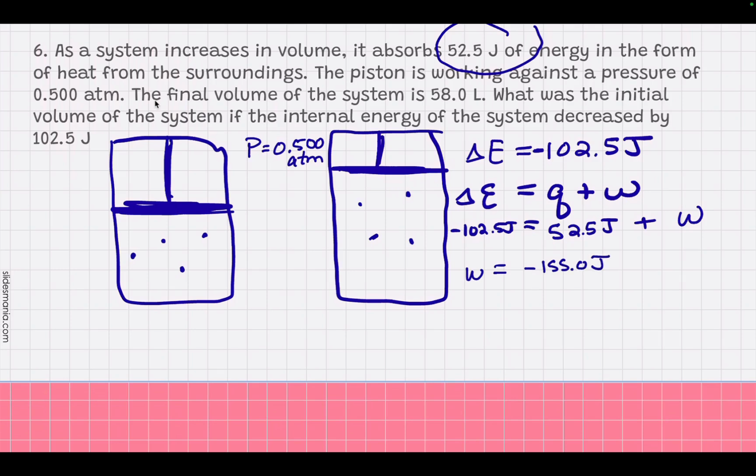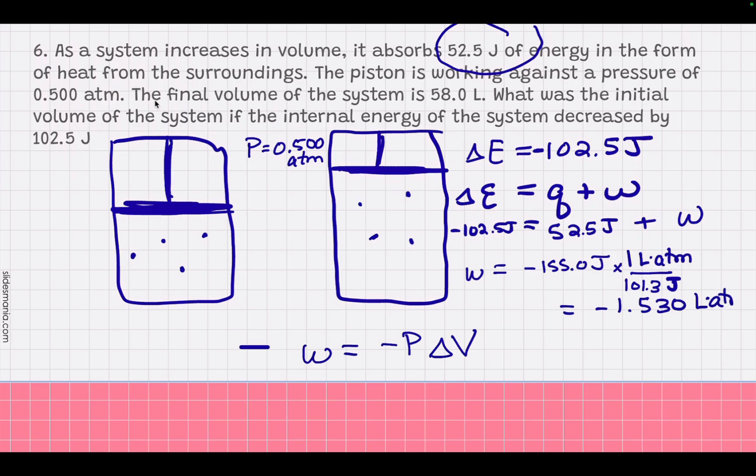I'm going to change that back into liters atmospheres so that I can use the work equation, which is negative pressure times delta V. So I know there's 101.3 joules in 1 liter atmosphere. So then that gives me negative 1.530 liters atmospheres.